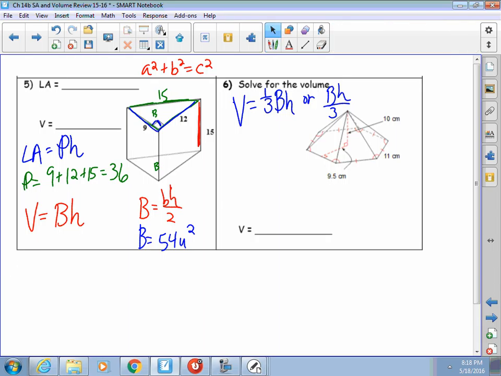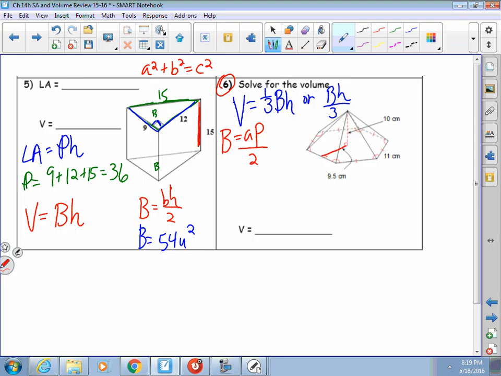Number 6 was very much like a test question. We had it on the other review. We have a hexagonal pyramid. The base is a hexagon. Our formula was 1/3 B H. So make sure you remember that to do the area of a hexagon, a regular polygon, you use apothem times perimeter divided by 2. Our apothem is from the center to the side. It's perpendicular.